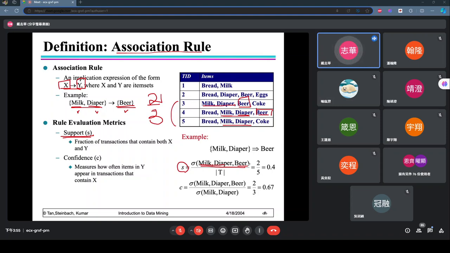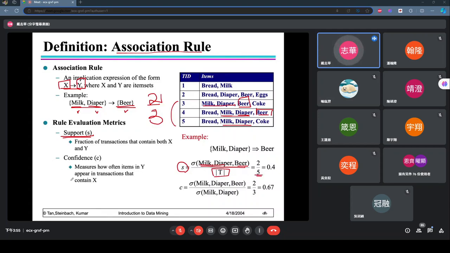So the support of a rule is defined as X union Y. This is what I want to emphasize. This is the support of a rule, divided by the database size.